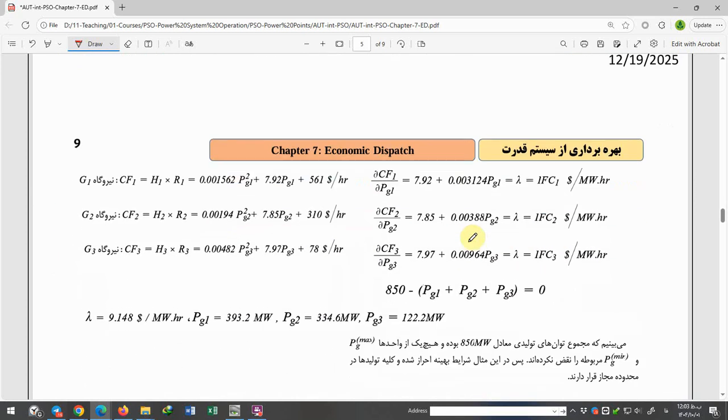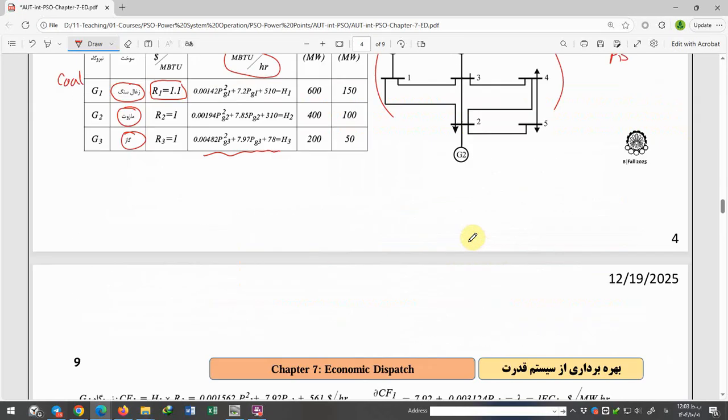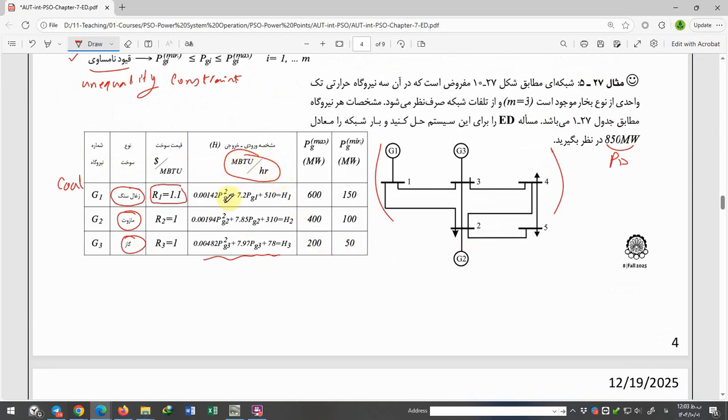So first of all, we change the equation from megabtu to dollar per hour.